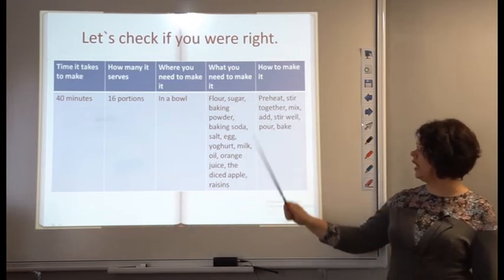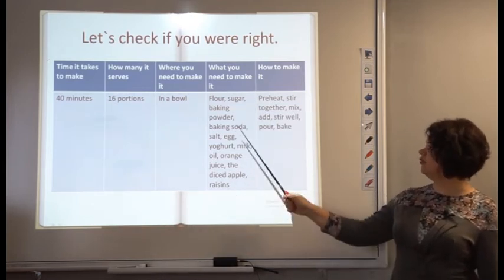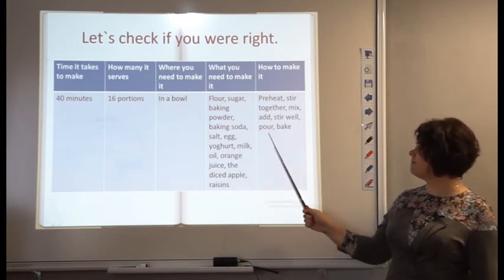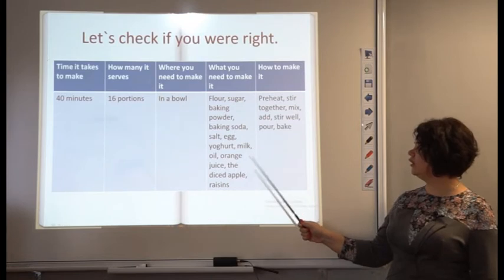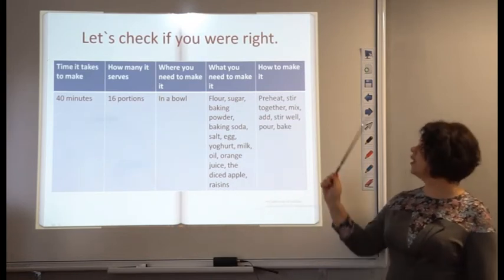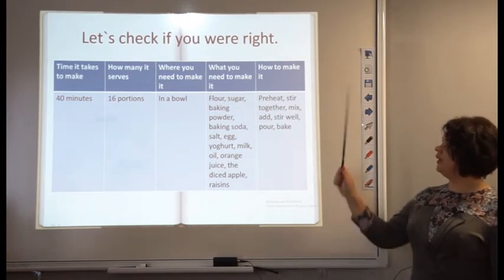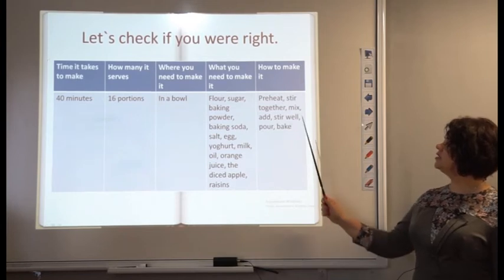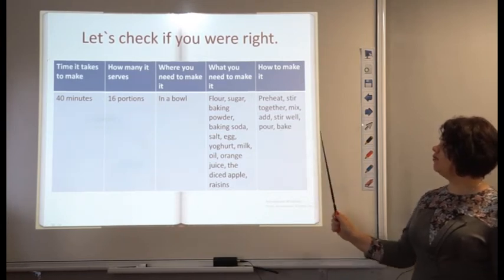Flour, sugar, baking powder, baking soda, salt, egg, yogurt, milk, oil, orange juice, the diced apple, raisins. How to make it? Preheat, stir together, mix, add, stir well, pour, bake.